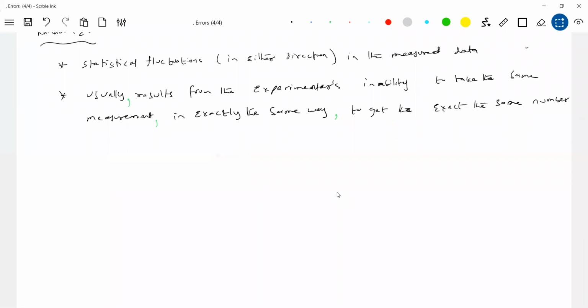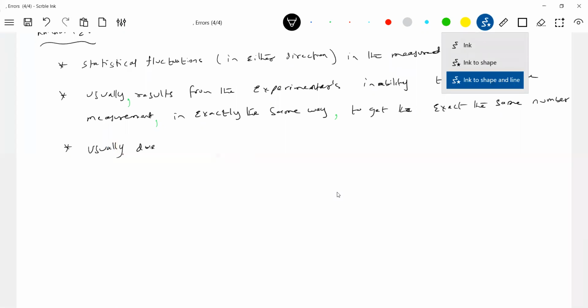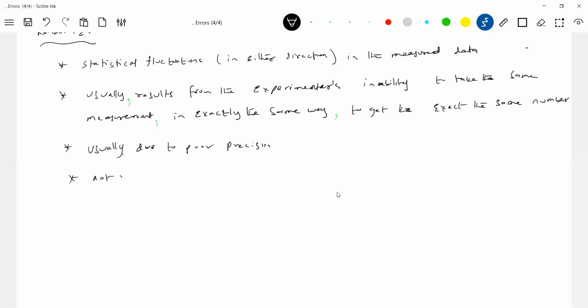Random error. This is usually due to poor precision. They are not reproducible. Non-specific causes.